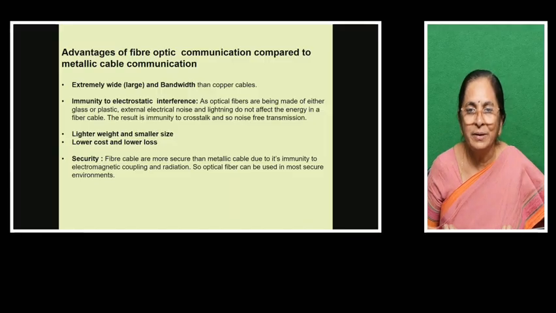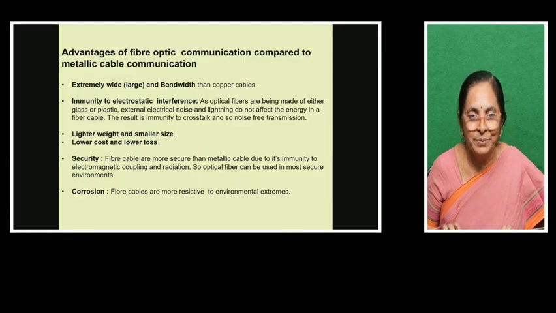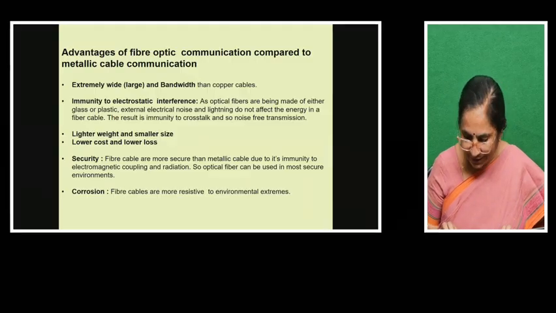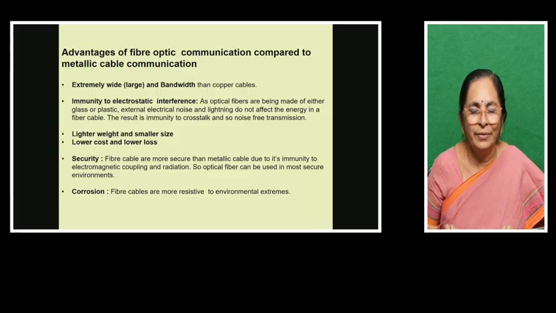So optical fiber can be used in more secure environments. Also, optical fibers are more resistant to environmental extremes like extreme heat and extreme cold, and the fibers will not be affected at all. So they are very, very reliable and remarkable for communication of data from one end of the world to the other.